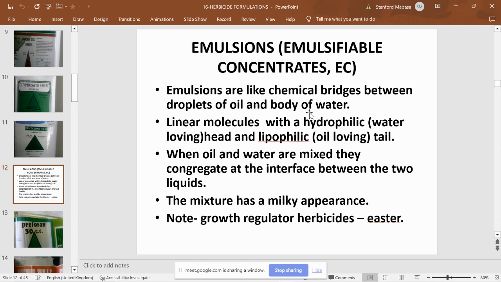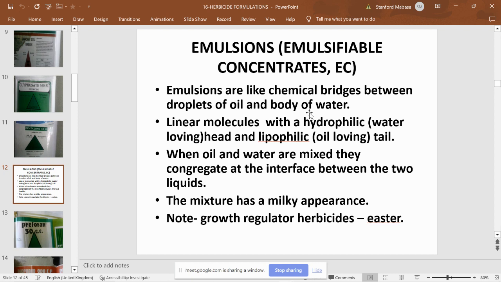So if you have oil and water, in between these two liquids we have got a whitish interface, which gives a milky appearance when you shake this emulsion or emulsifiable concentrate.